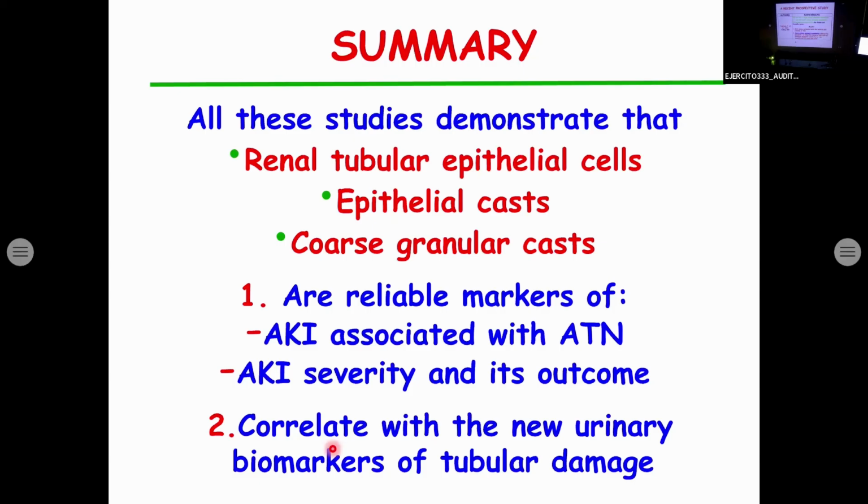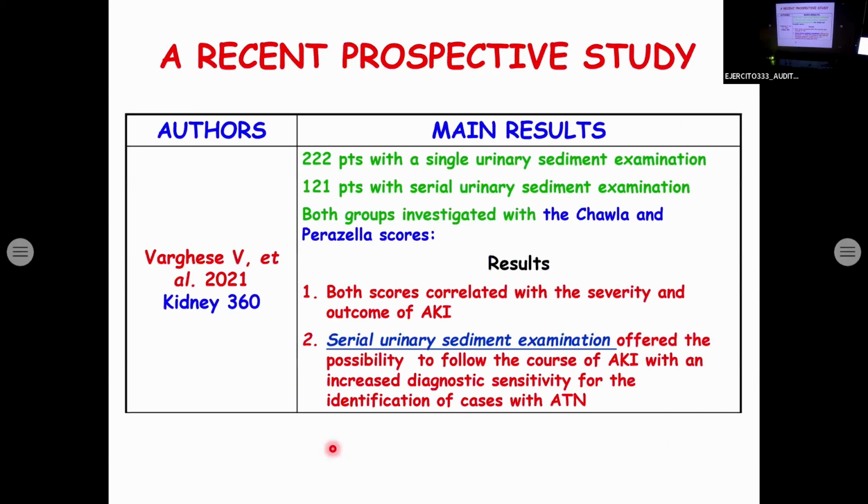In addition to the papers I've just mentioned, there is one more recent paper, 2021, which was mentioned also this morning by our colleague Juan Carlos Velez, by Varghese, United States. 222 patients with a single urinary sediment examination and 121 patients with serial urinary sediment examination.